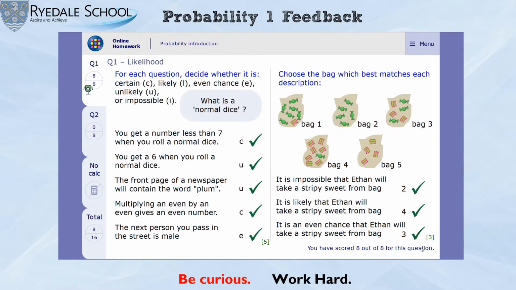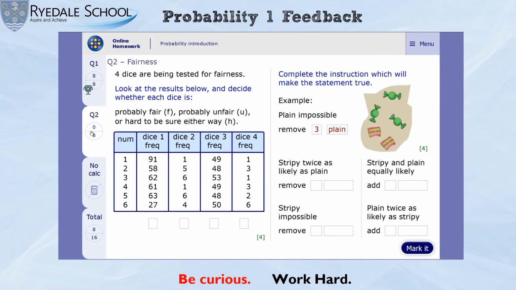Let's have a look at the second page. It says 4 dice are being tested for fairness. Look at the results below and decide whether each dice is probably fair, probably unfair, or hard to be sure.